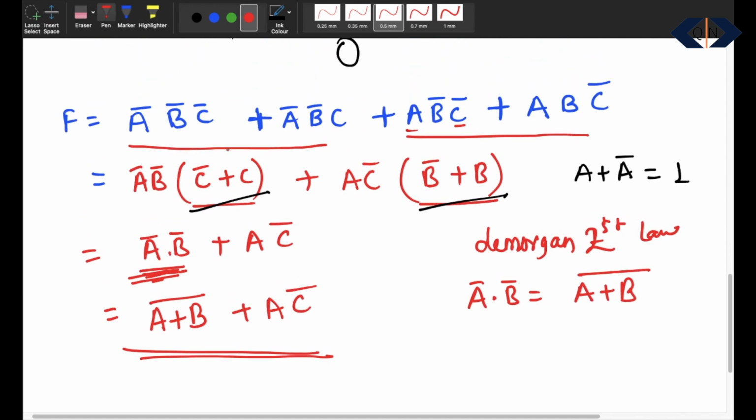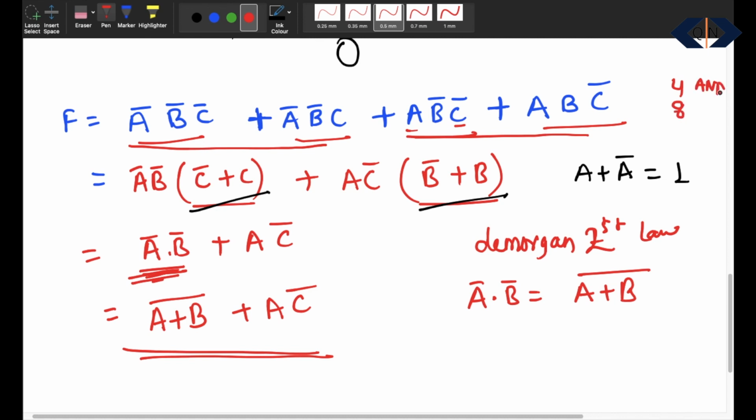So if you see here how many gates we were requiring, if you want to count, we were requiring AND gate 1, AND gate 2, AND gate 3, AND gate 4. So total AND gates is 4. How many NOT gates? 1, 2, 3, 4, 5, 6, 7, 8 NOT gates.